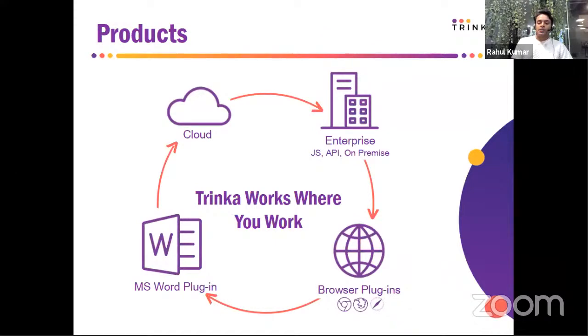We also have browser plugins, which enable you to get Trinka suggestions on any writing platform like Google Docs or even Word Online or Authorea, whichever you use. And finally, for enterprises, Trinka is also available as an API, and it can be installed on premise, or it can be a JavaScript which integrates within your writing platform. With that, we will move on to the demonstration.